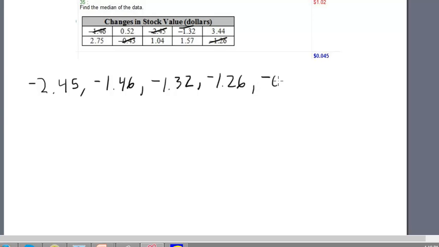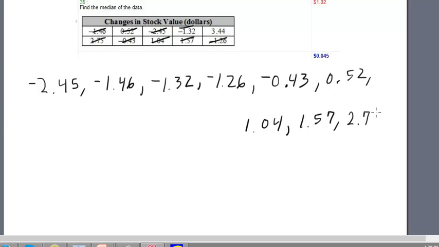Then negative 0.43. And then 0.52. And 1.04. And 1.57. And 2.75. And 3.44.